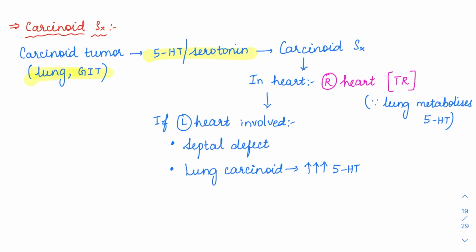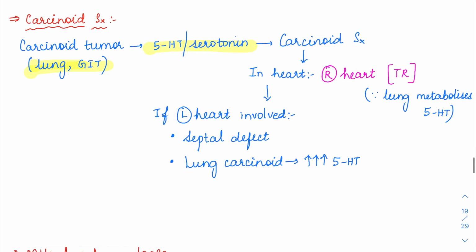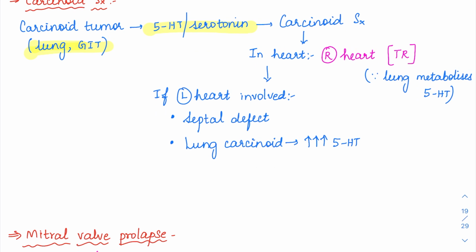So if this 5-hydroxytryptamine, serotonin is being elaborated, it will cause some systemic manifestations, and that is called carcinoid syndrome. Normally it will produce flushing, diarrhea, and headache as well. But in the heart, it can produce certain symptoms, and that is what we are going to see now. In the heart, it is usually going to cause right heart symptoms. Especially tricuspid regurgitation is the feature which we see in carcinoid syndrome in the heart.